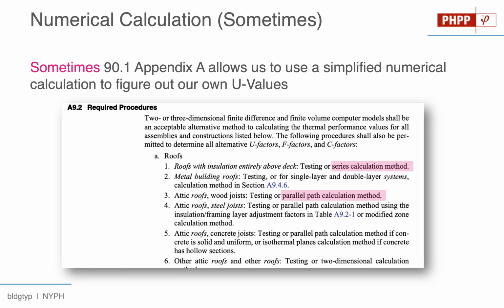Now, this is allowed. There are procedures for this. In ASHRAE Appendix 1, they outline, if you're calculating a roof, use this calculation method; if you're calculating a wall, you can use this calculation method; if you're doing a floor, you can use this calculation method, etc. So it is an approved methodology in ASHRAE land, and it is an all but required methodology in Passive House land.